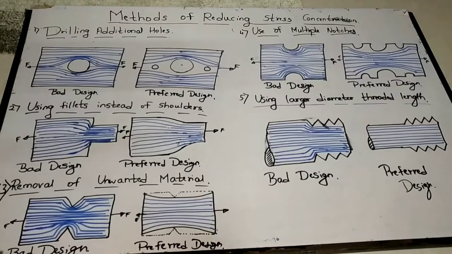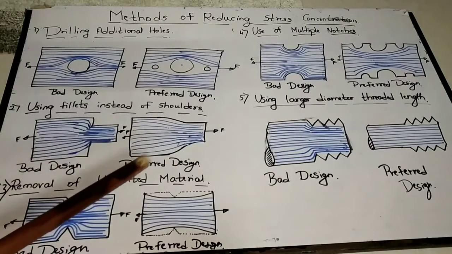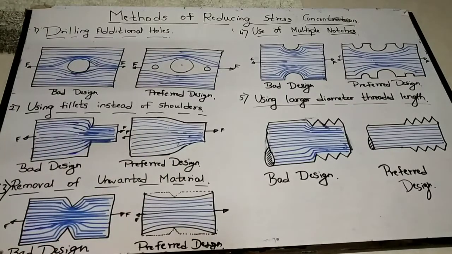Now the third method, that is removal of unwanted material. Okay, so there is a V notch here in this first model, and as it is clear from the definition of stress concentration, again this notch is a discontinuity in a particular model.